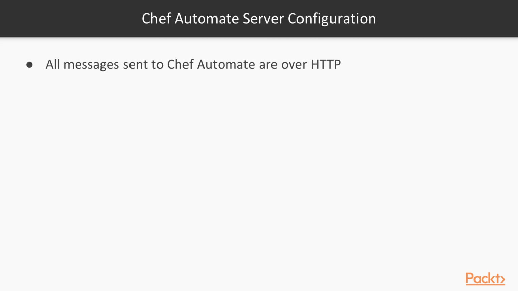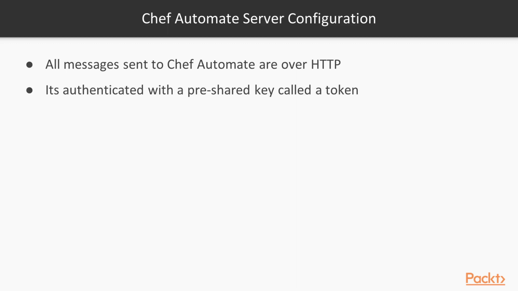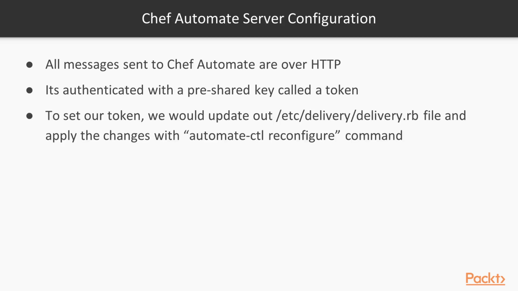Any communication between the Automate server and the Infra server happens on HTTP, and it is authenticated by a pre-shared key called a token. We will set this token in the delivery.rb file, and apply the changes on the Automate server using the reconfigure command.